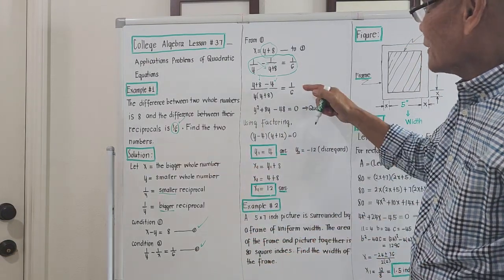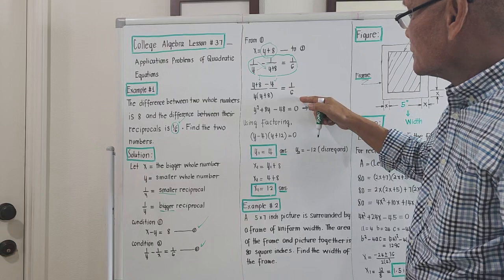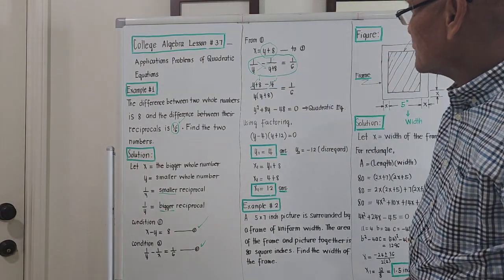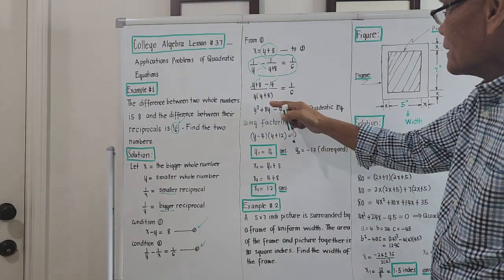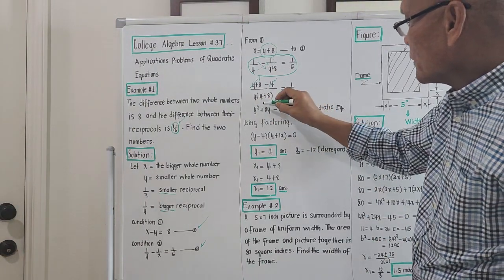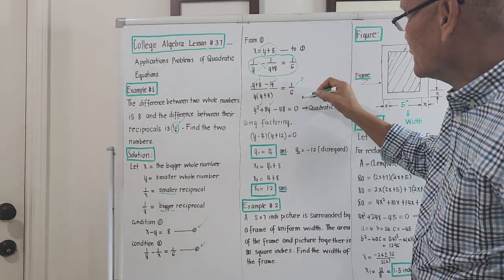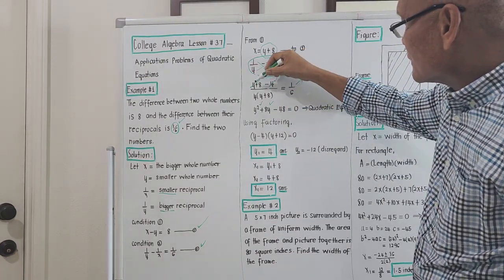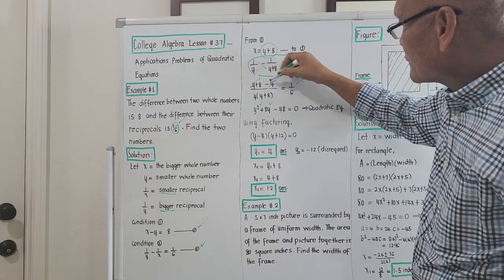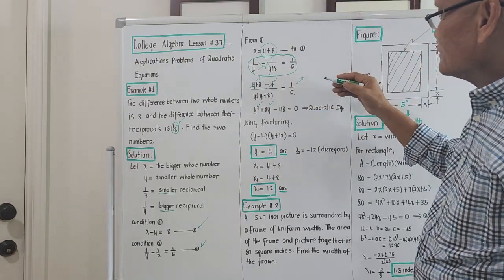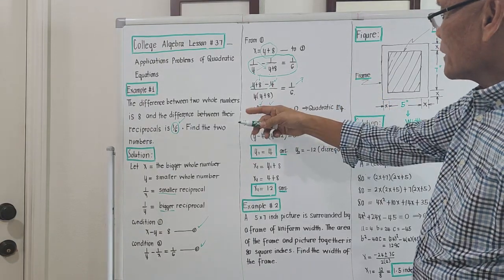The right-hand side will be equal to 1 over 6. This y here cancels with this. If we expand this one, that will be y squared plus 8y, times 1. And since this cancels out, 8 times 6 will be 48. We place it in the right-hand side together with the y values.